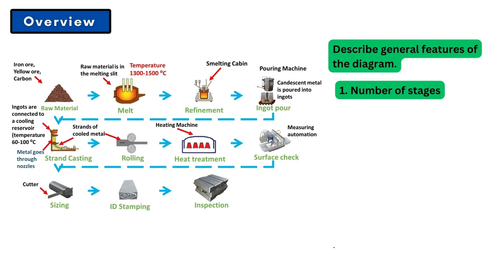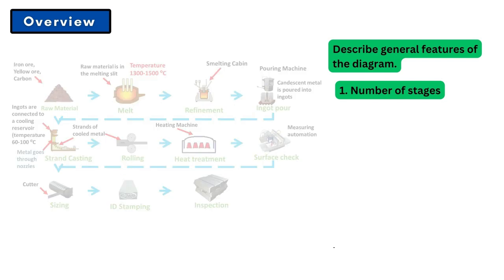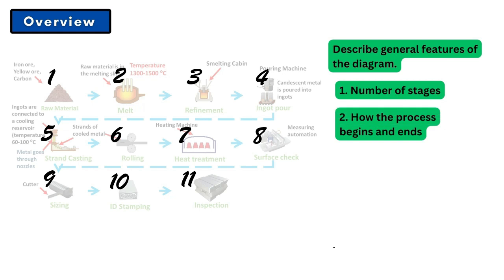First, you can put the number of stages in the diagram. We have 1, 2, 3, 4, 5, 6, 7, 8, 9, 10, 11. So there are 11 stages.